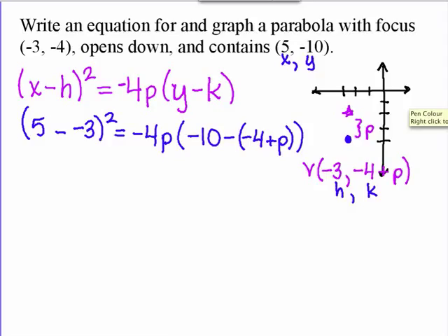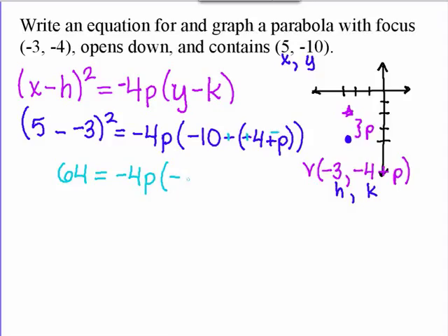So if I take 5 minus -3, that's 8, and 8 squared is 64. I've still got my -4p on the outside. I'm going to clean up the inside before I worry about that -4p on the outside. And so, first of all, I need to distribute that negative to each. So when I do that, what does that leave me with inside the parentheses?